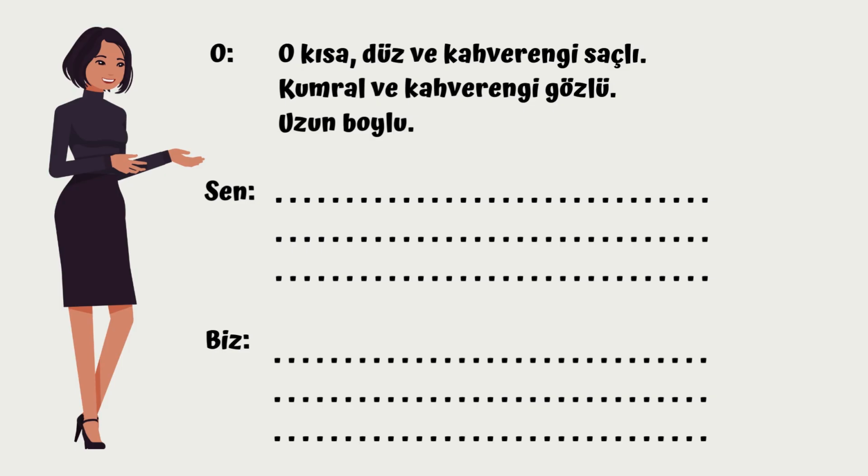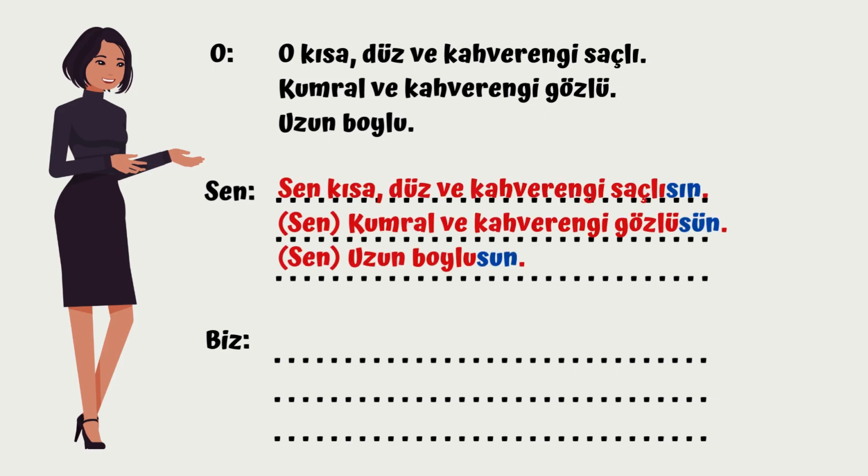Are you ready? So if I change the whole paragraph and use sen, the answer will be sen kısa, düz ve kahverengi saçlısın. Kumral ve kahverengi gözlüsün. Uzun boylusun. Right? So we're adding subject pronoun endings.